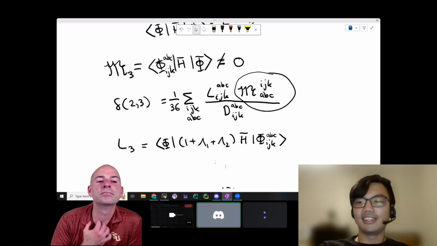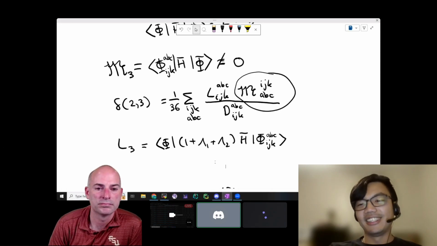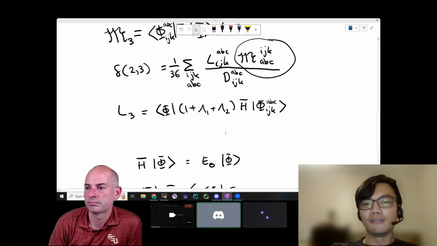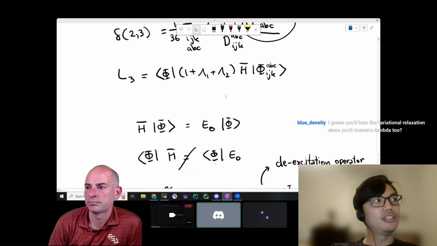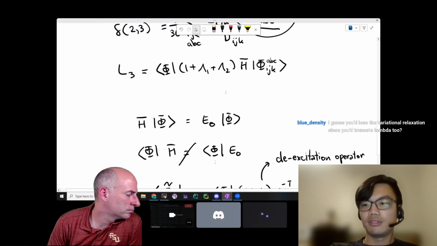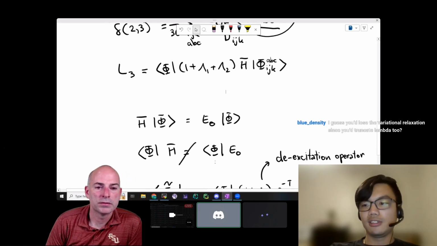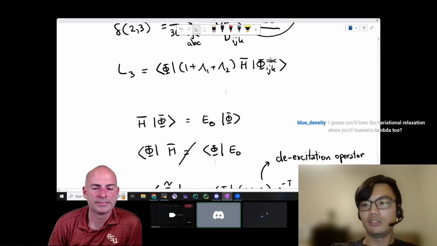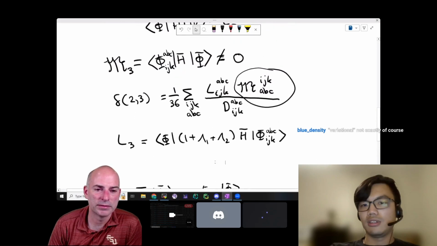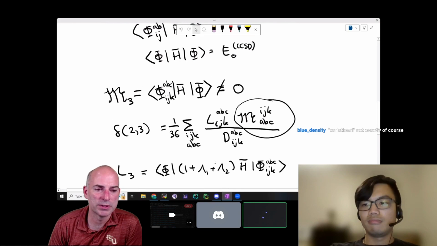That kind of counts, because then your bra is a conjugate of the ket. But I don't recall anyone using this. There's a variational relaxation since you truncate lambda 2. Well, I guess, yeah, the bra wouldn't truncate if you had an exponential form of lambda, is the reason.